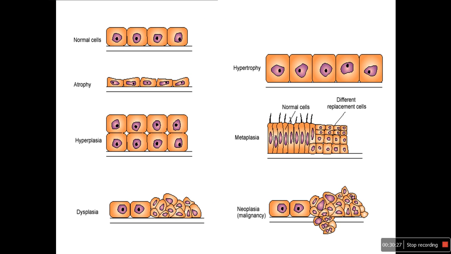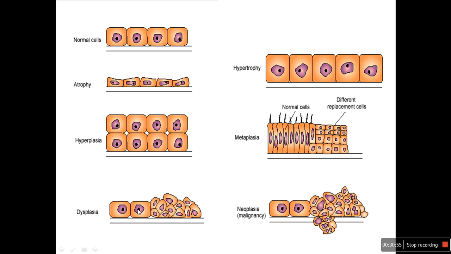We have a picture showing you the dysplasia atypical cells, but here you have hyperplasia, increase in number of normal cells. These are normal cells, but in dysplasia, increase in numbers of atypical cells, dissimilar cells.